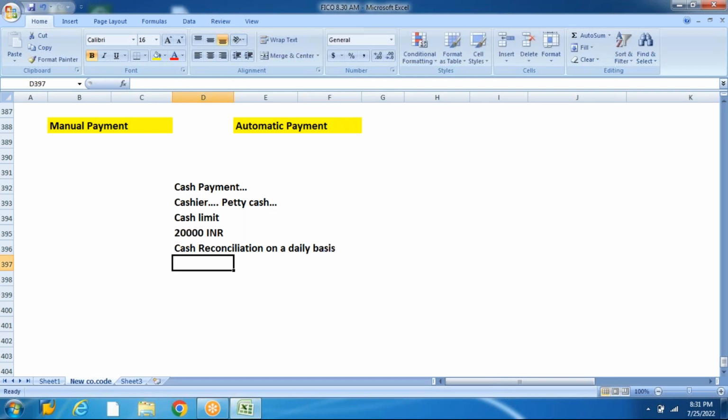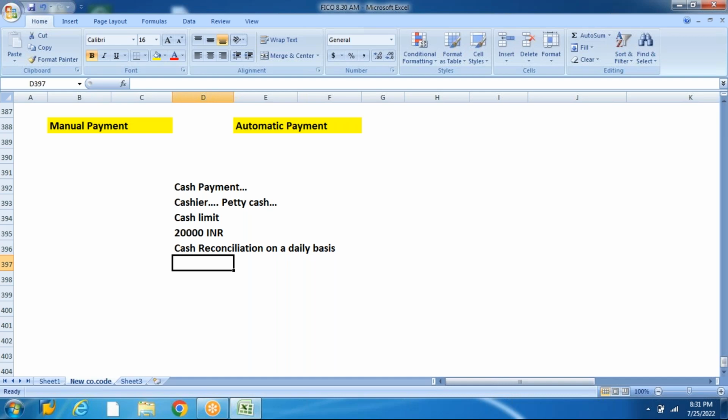Cash reconciliation is a daily activity. It's a must. So what is the available cash in my hand in the morning, and what is the available cash in the evening before I leave the office, must be reconciled. Clear? Yes, sir. I literally have to count the cash physically.